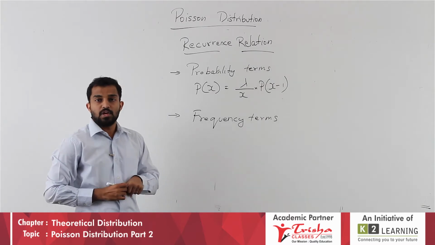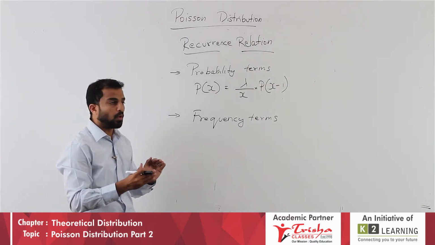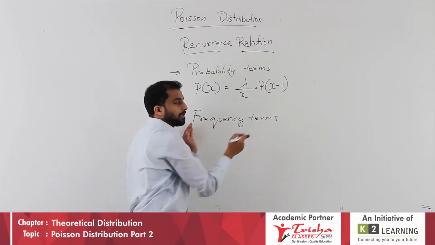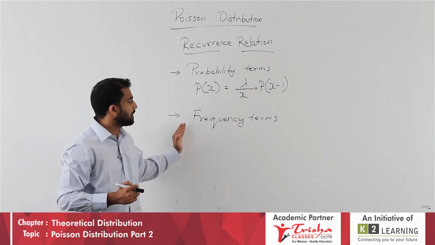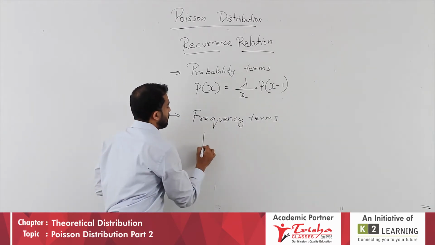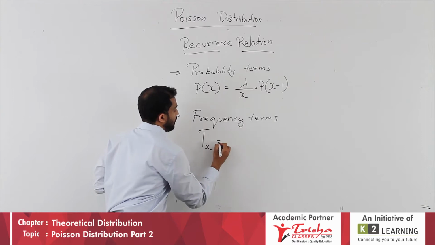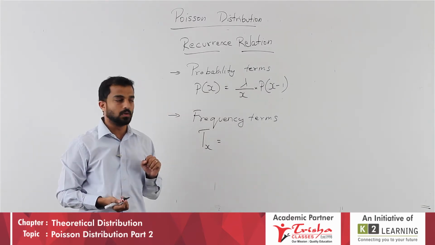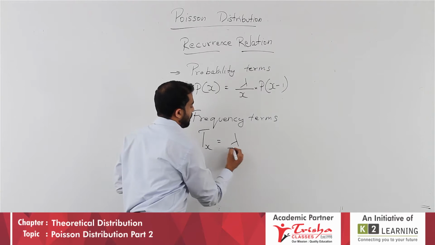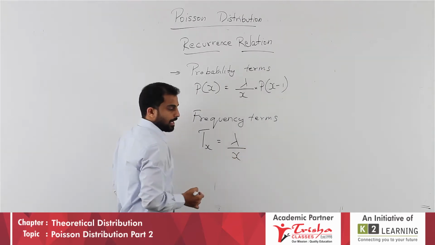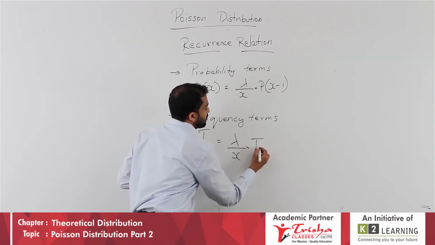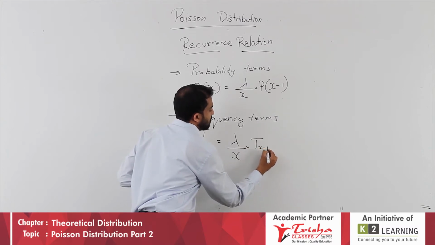Whereas students, we will be dealing more with the frequency terms formula, and the frequency terms formula is T x is equal to lambda by x into the previous frequency, that is T x minus 1.